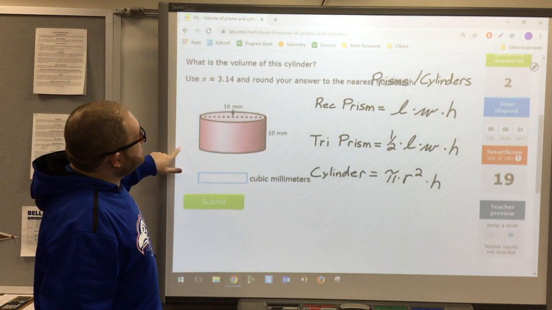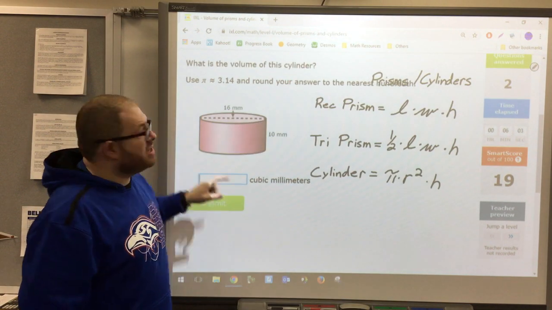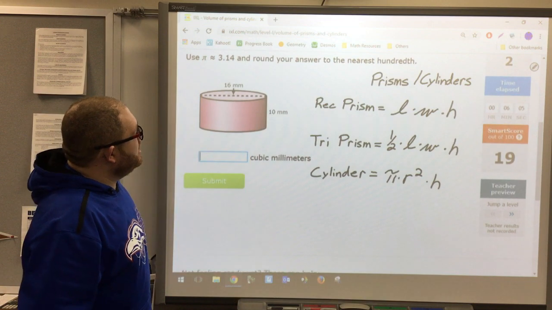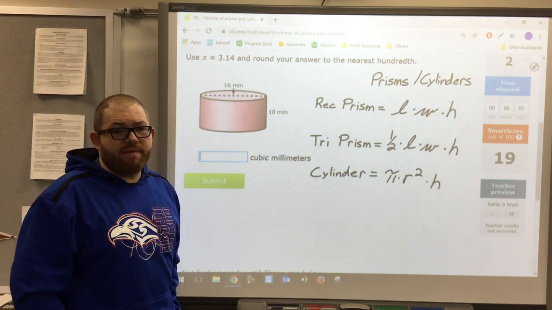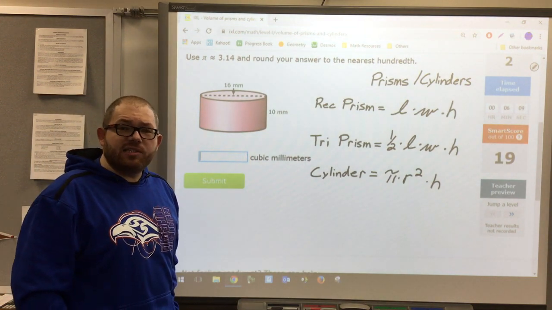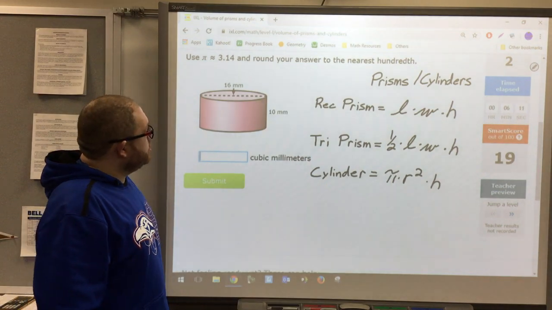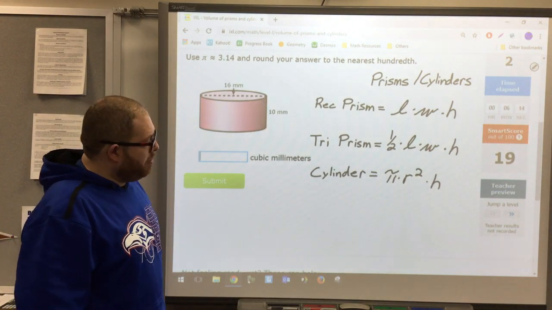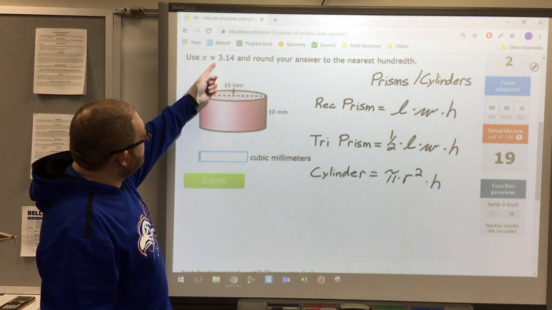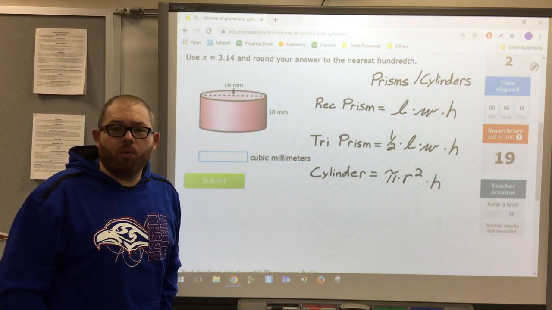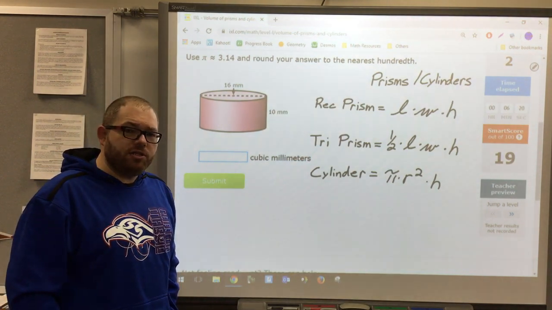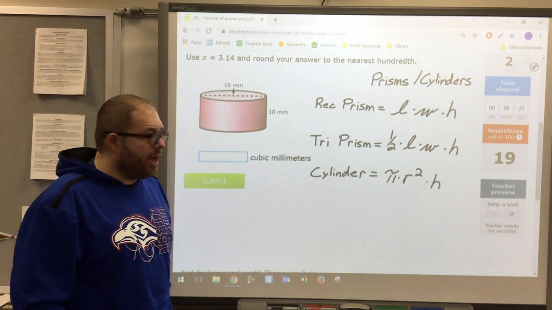Now, the last example, we're finding the volume of a cylinder. This is where, again, the numbers will get very messy. So please take your time. So for this cylinder, I'm going to use pi, but they tell me to use 3.14. So you don't need to use the pi button on your calculator.